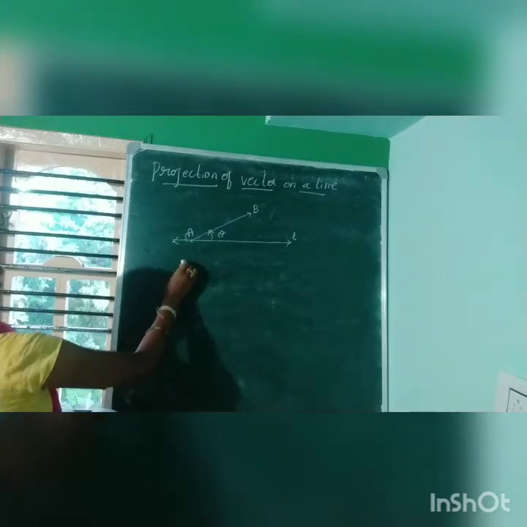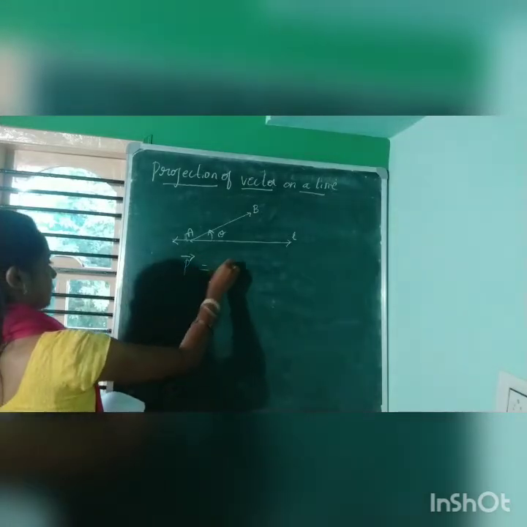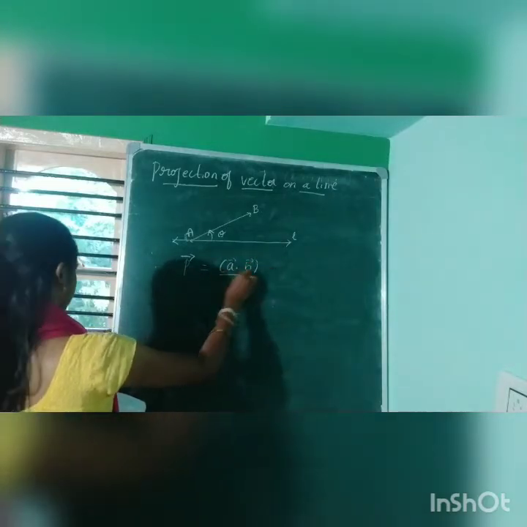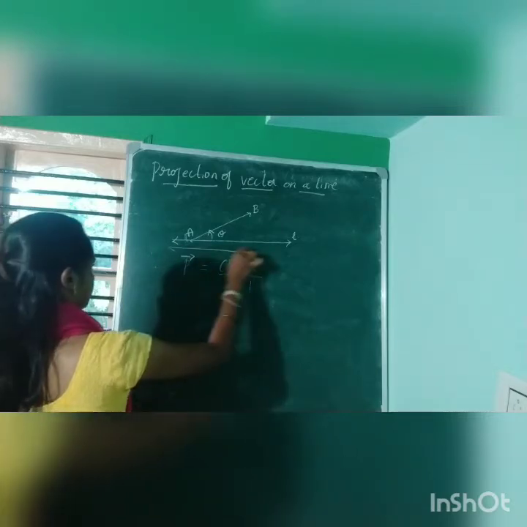Now we can write that as projection of a vector, denoted by P vector, equal to A dot B vector divided by only the magnitude of B vector.